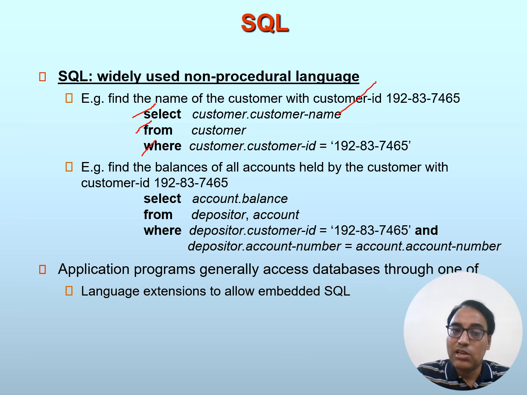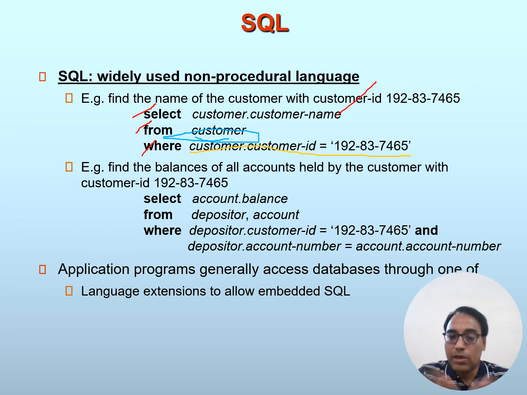Then from customer. Customer is the name of the table. And then comes the part through which I am comparing.